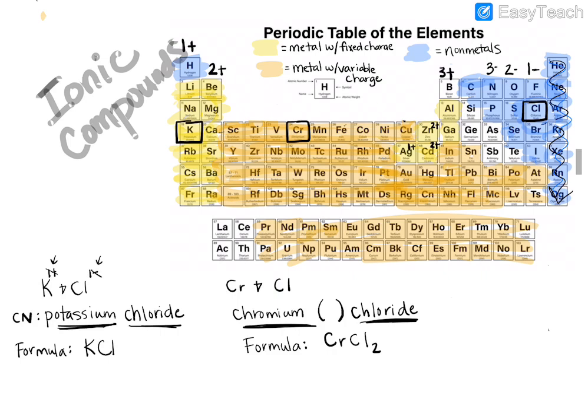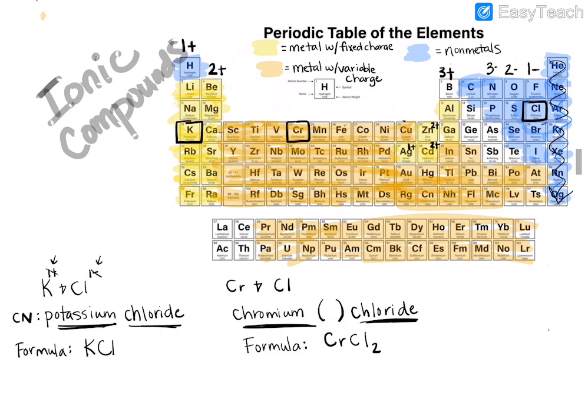So again, this will be given to you guys. Unlike this one where you had to figure it out with these known metals with fixed charges, when you have a transition metal, a metal with a variable charge, you will be given the formula and you have to use it to figure out what goes here.